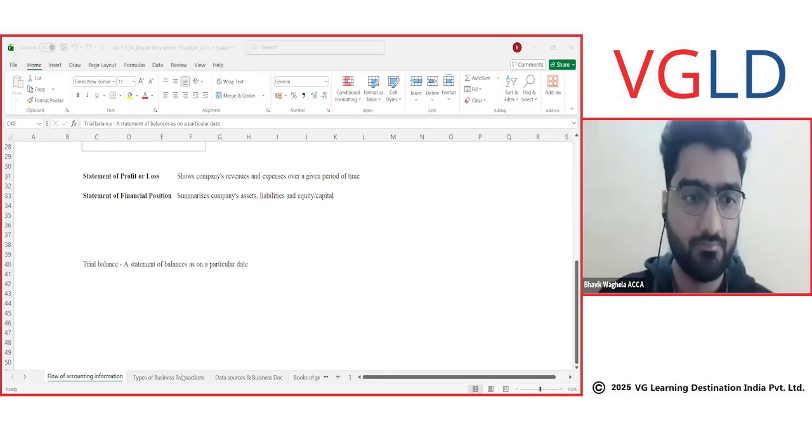So instead of checking different ledger accounts, the trial balance is a statement which tells me that this particular ledger account has a debit balance, and this particular ledger account has a credit balance. So this is a statement of balances as on a particular date. Everyone got this? Any questions so far?